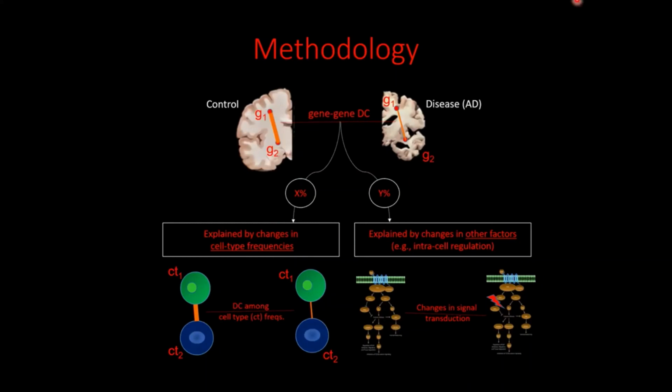And then it decomposes into these other factors. So in this particular case, there is this X and Y percentage. X is due to cell type and Y is due to other factors. That model gives you the disease-induced changes, either at the expression level or at the correlation level, that are due to cell type frequency, that will be your X. Due to the internal cell changes, that will be Y. And then the other factors, which will be Z.